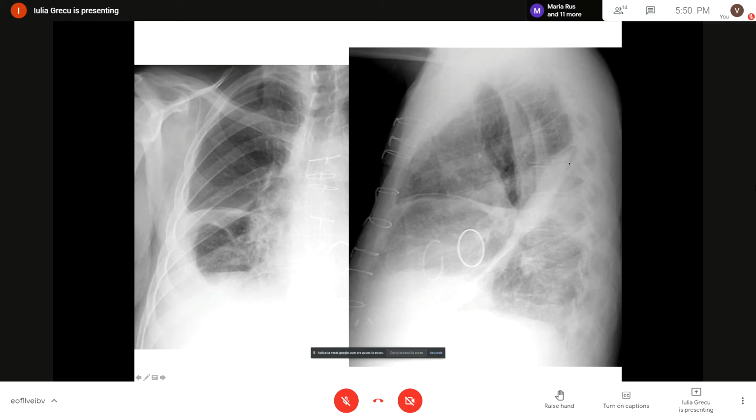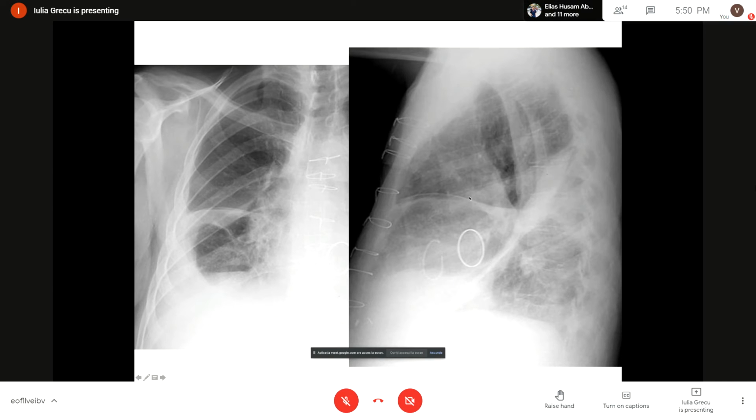Here you have this fusiform opacity, very nicely delimited and perfectly situated along the major fissure's trajectory. And here in the posterior part of the major fissure is the most important component of this loculated pleural effusion, but it also extends a bit until the anterior part of the major fissure, even though it is a little bit thinner, but you can see it continuously from the posterior aspect to the anterior aspect of the fissure.